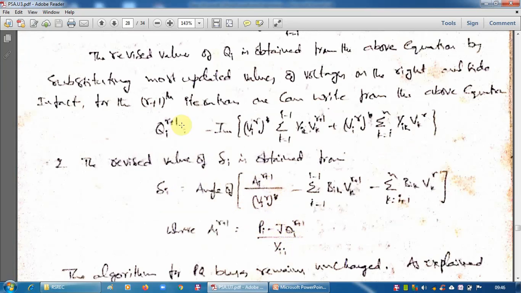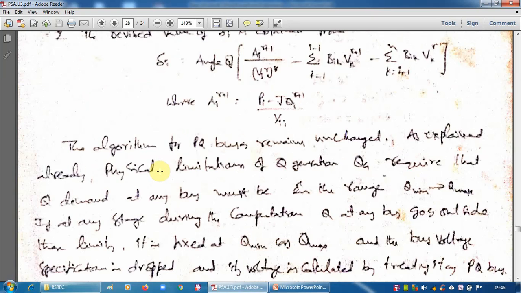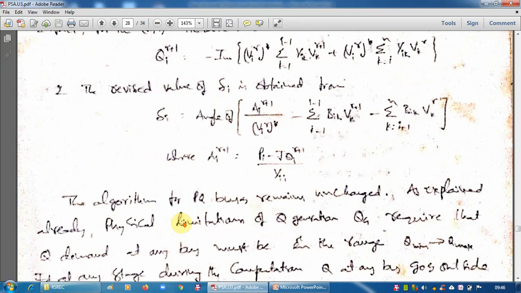So in that voltage equation, this calculated value of Q is substituted and we calculate the delta. It is anyhow coming in complex form, and the imaginary part equals our required value delta. So like that delta can be calculated. These are the steps for PV bus: calculate Qi and use that Qi in the calculation of delta.